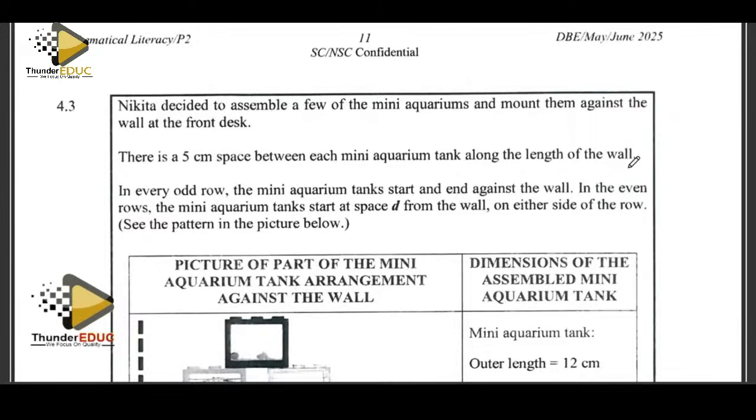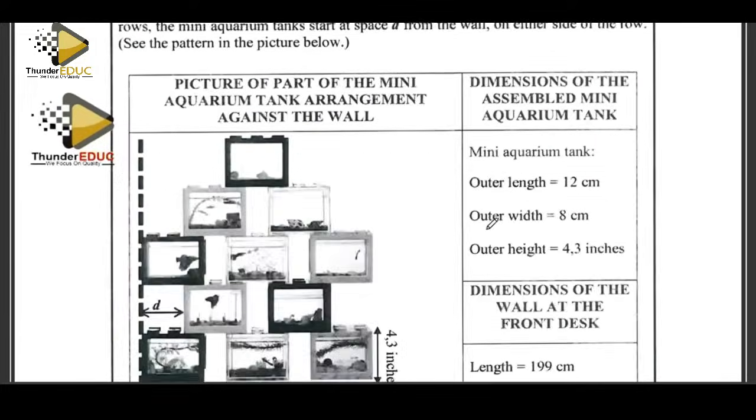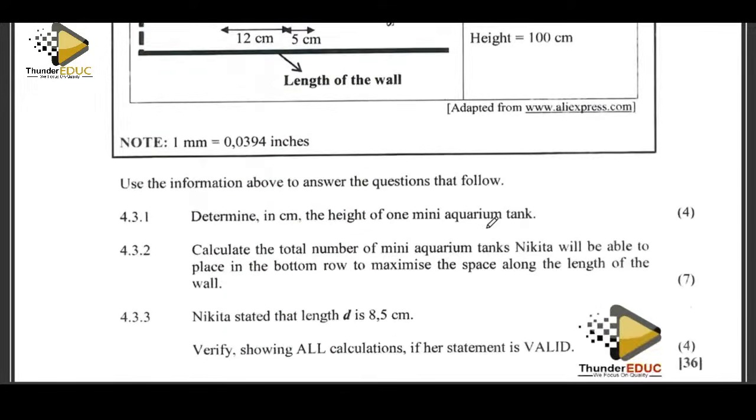In every odd row, the mini aquarium tank starts at the end against the wall. Determine in centimeters the height of one mini aquarium.